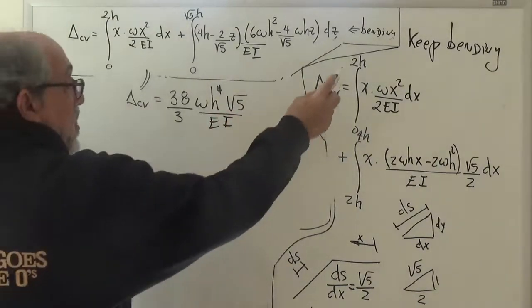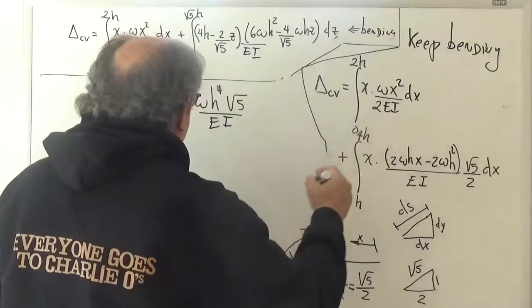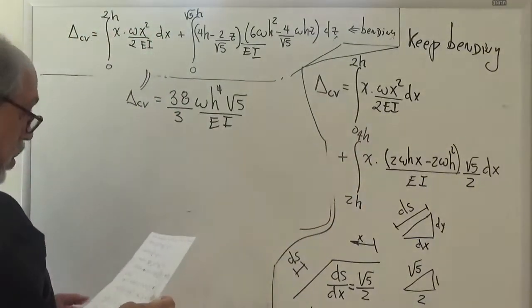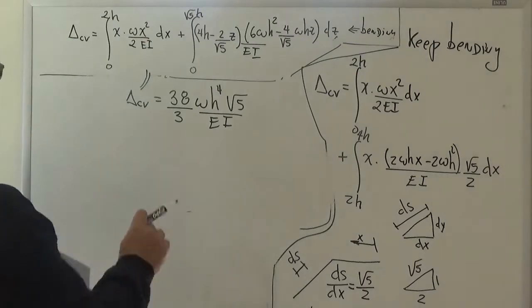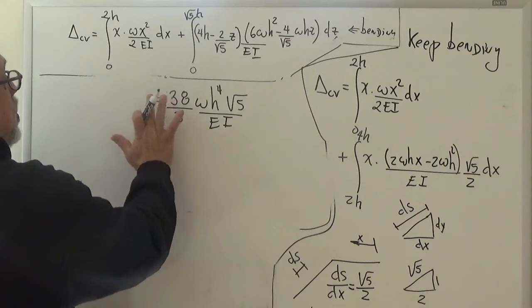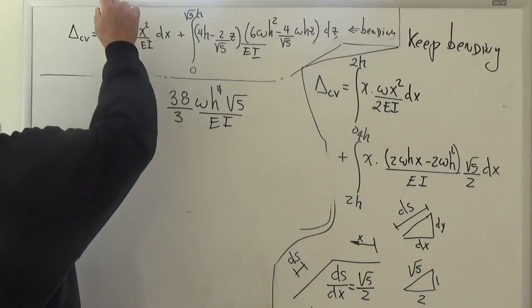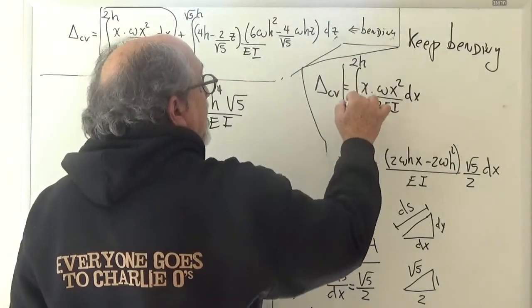If you take this one over here and you do the integration, so, oh wait, I'm sorry, that's not true. That's not delta C vertical. What I did was this, to keep things smaller. What I said was, this part here is obviously the same as this part here.